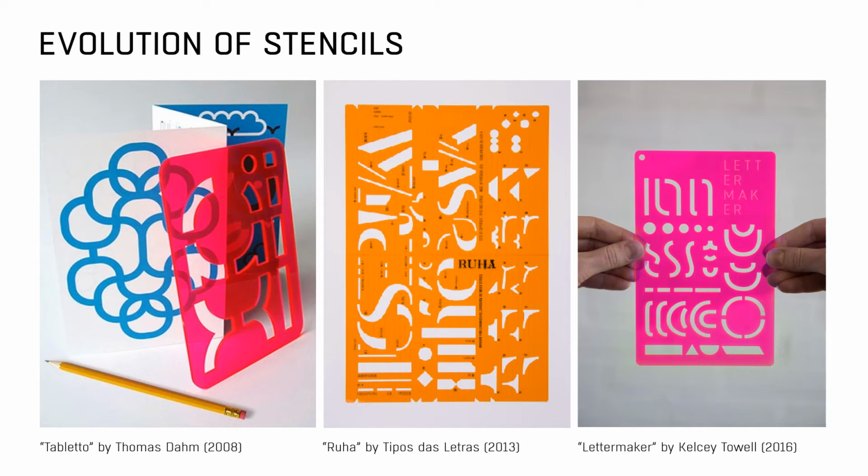In the last decade, these interesting stencils have been designed. Tabletto is conceived as a typographic game of 10 shapes with which not only letters in any language can be created but also illustration. Rua divides the letters into 53 components that are grouped by formal similarity in order to be repeated in the formation of similar letters.